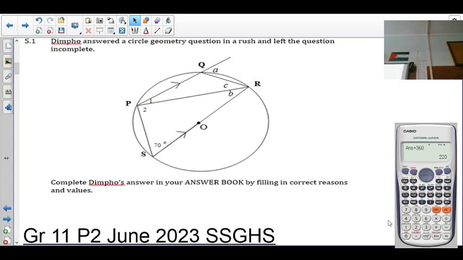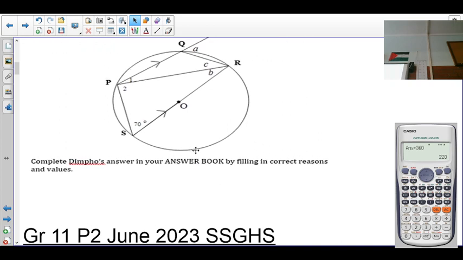Are you guys sitting on the side? Right, someone answered the circle geometry question in a rush and left the question incomplete. Incomplete means he didn't finish the sum. For those of you who don't know.